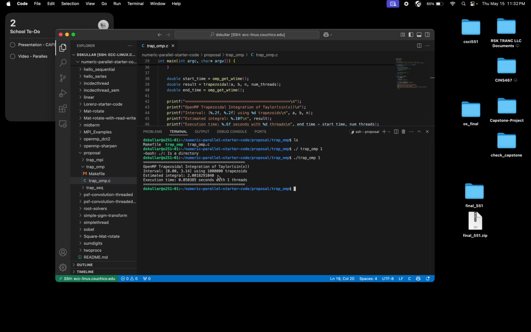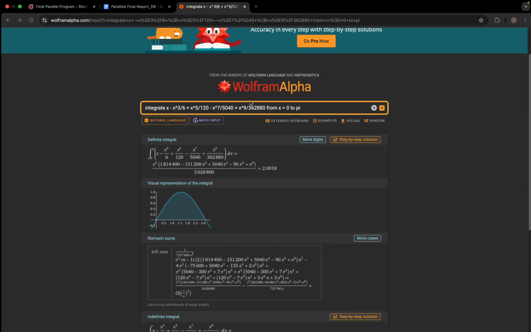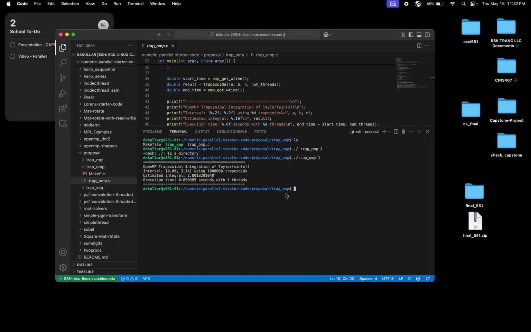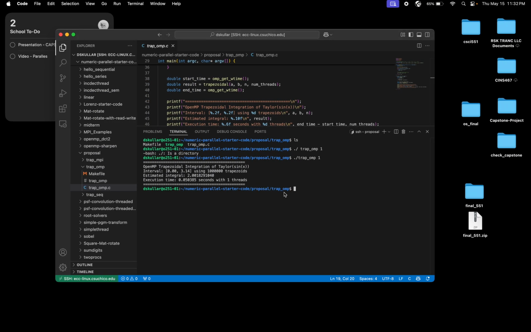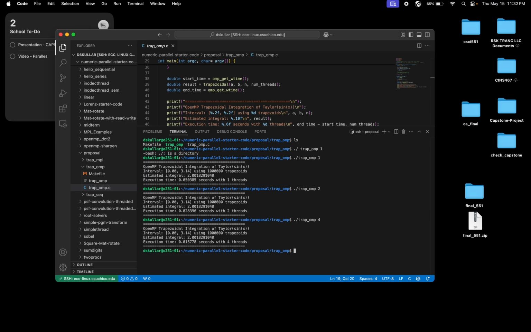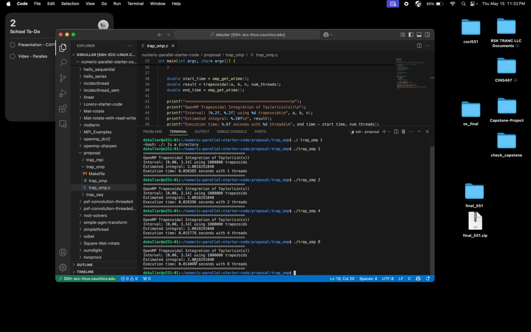Here again, our result is fairly accurate compared to the Wolfram Alpha function that we put in. For one thread, it was 0.05. Let's try 2, 0.02. Let's try 4, 0.01. It's getting quicker. And finally, let's try 8, which is also fairly quicker.